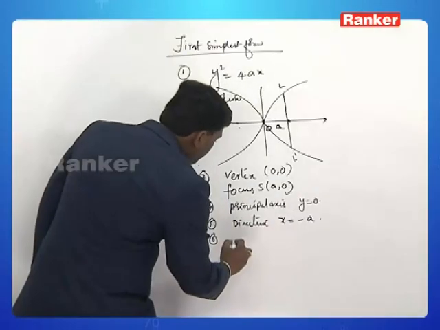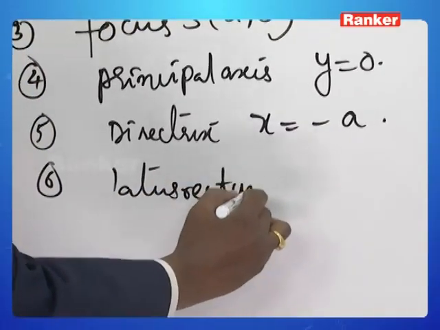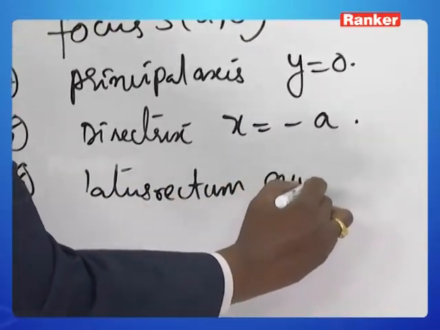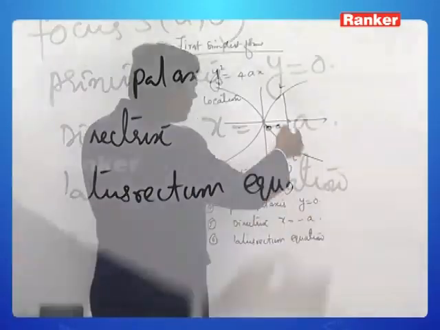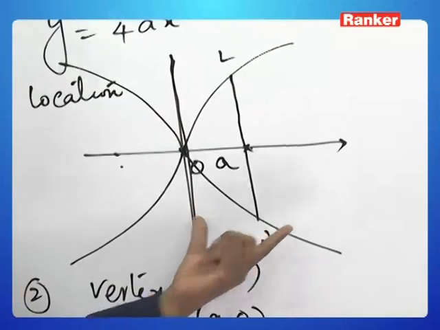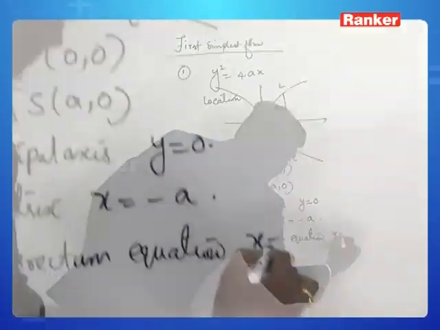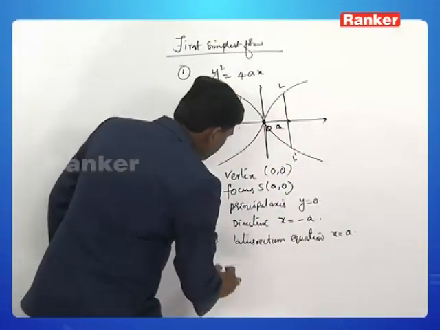Now coming to its latus rectum equation. Because it is a vertical line whose equation is of the form x equal to k, that k is equal to a. So latus rectum equation is x equals to a.